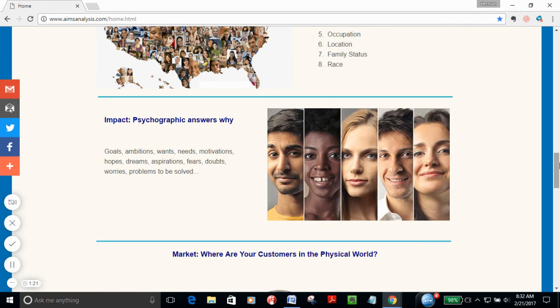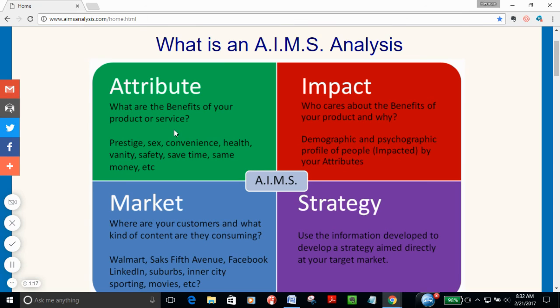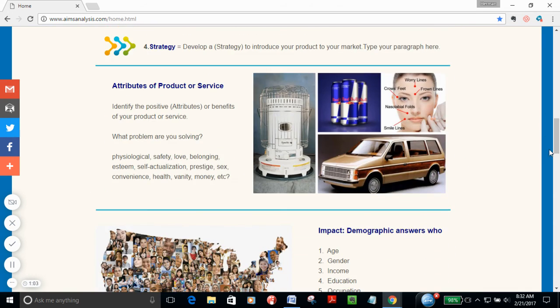Once we have these three elements, which we've discussed: the attributes of the product, the impact, who cares, what the benefits are, and the market, where are they, we should be able to develop a strategic marketing plan aimed at a specific product. And so if we had more time, we would do this for the kerosene heater. And just quickly, kerosene heater, energy saver.